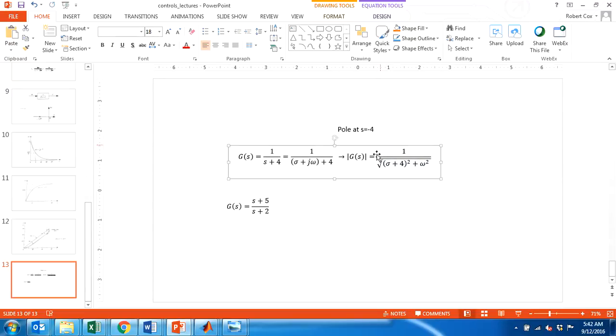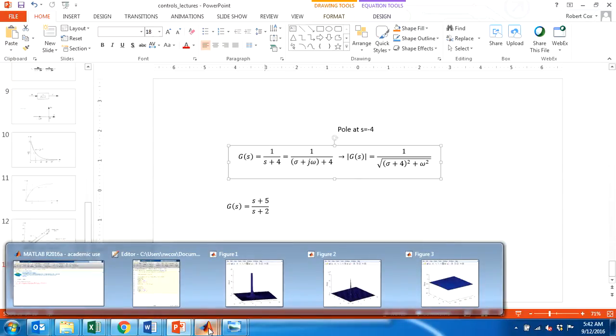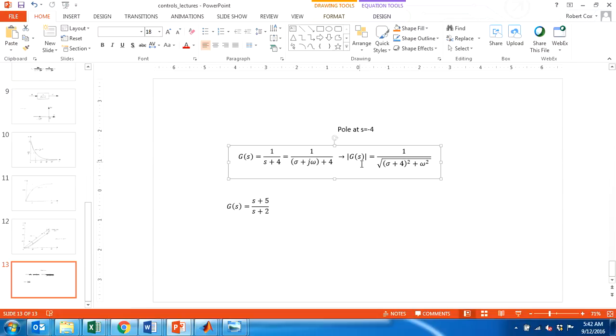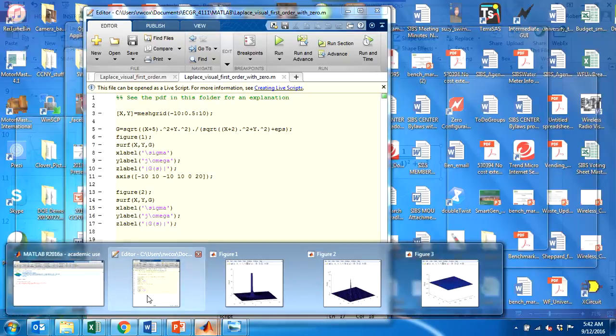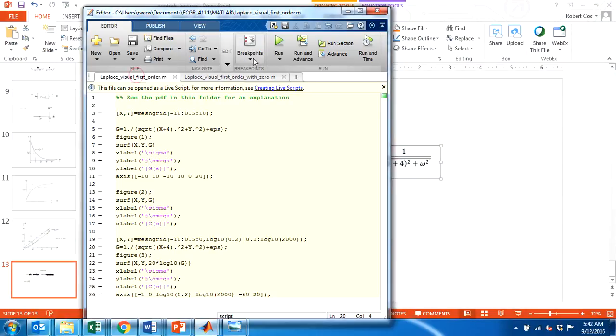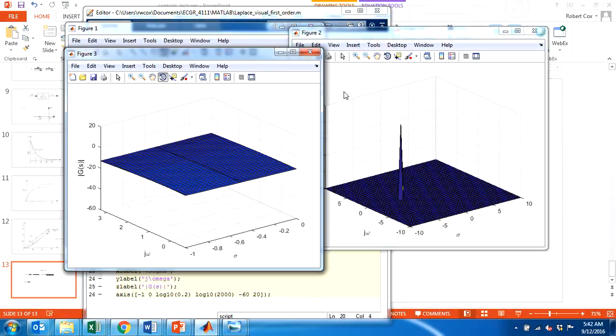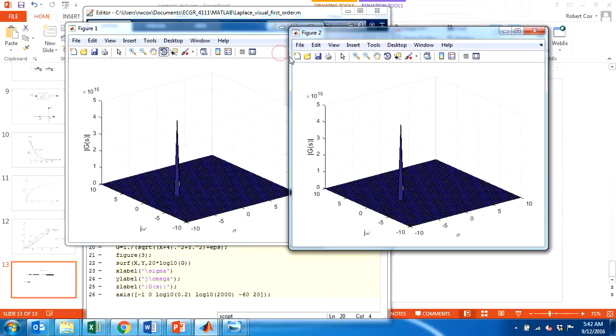Now, what does that look like? To plot this on the S-plane, I'd have to look at the value of this for a bunch of different sigmas and a bunch of different omegas. So what I would get is something like this. I did this in particular for that function, 1 over s plus 4.